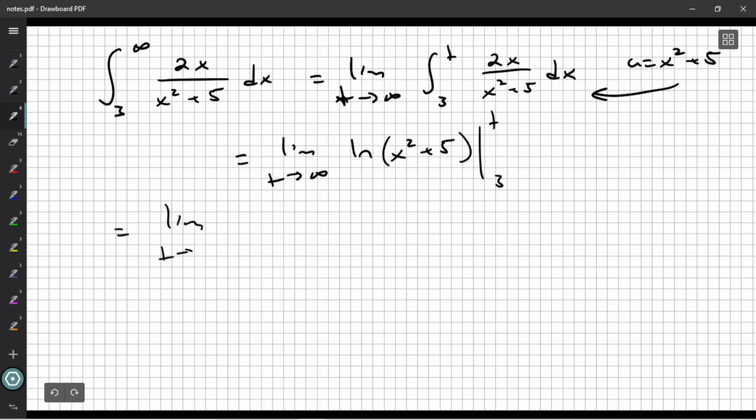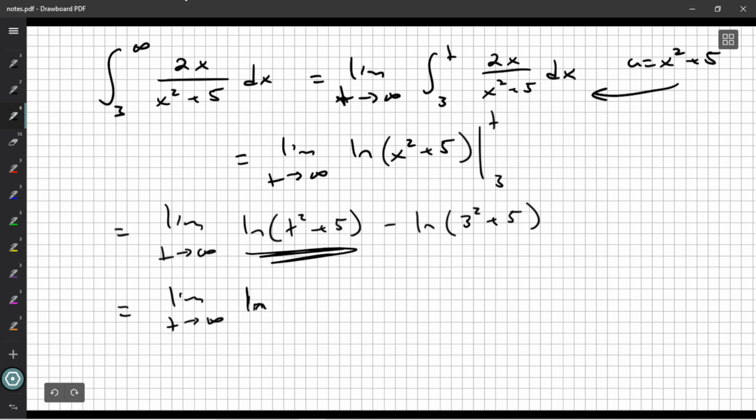Okay, so now we plug in t squared plus 5 minus 3 squared, which is 9, plus 5. We can combine them if you really want to. You don't have to. We're really just interested in the one that has the t in it. But you can combine them.